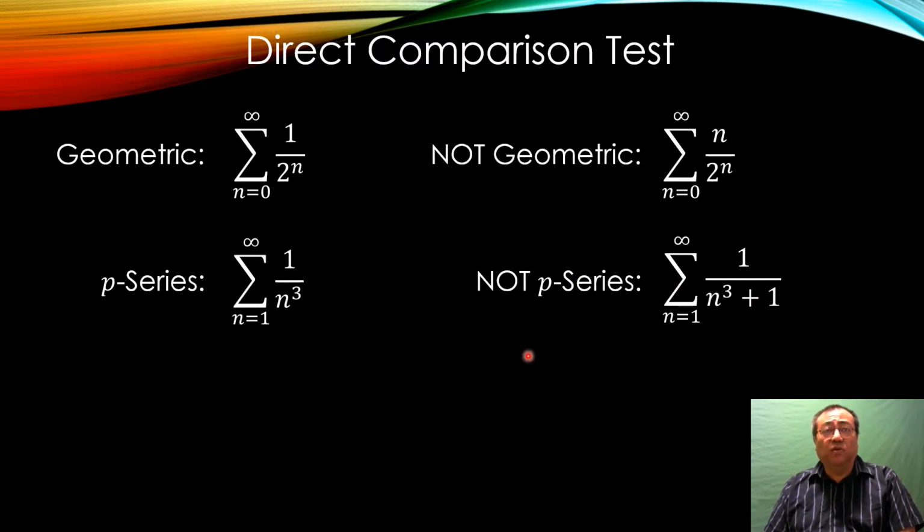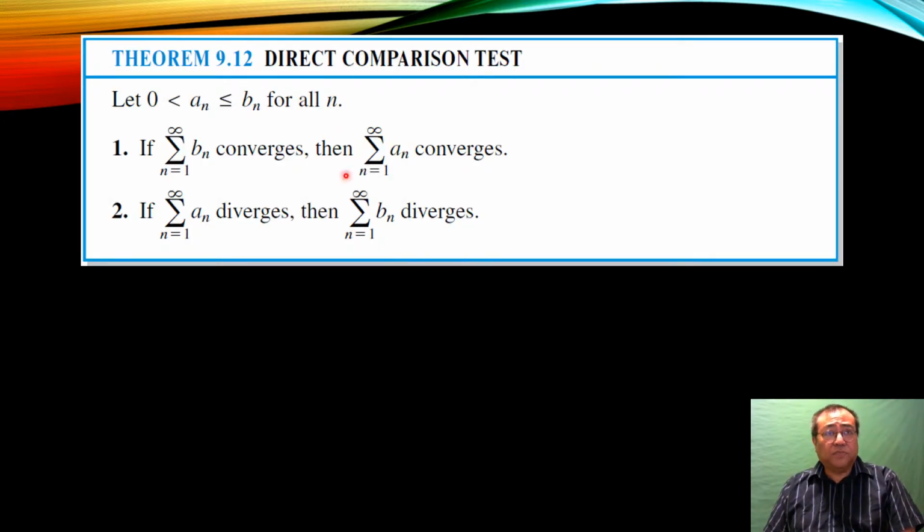The direct comparison test is useful for looking at problems that are similar to other problems. This is not a P series, however, it's close to a P series, so maybe it's something to compare to. Now, this big idea theorem is going to come up frequently in a multiple choice scenario.